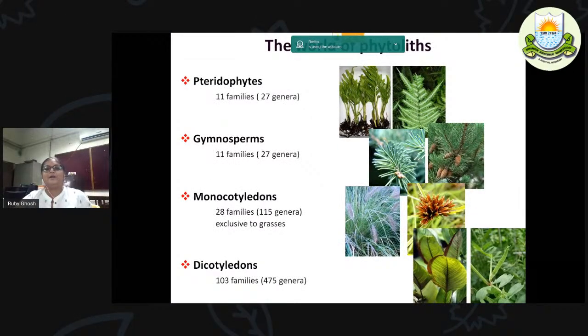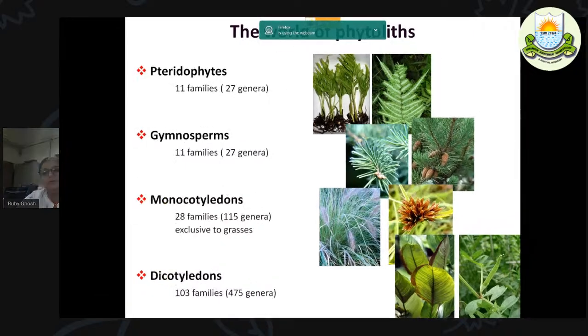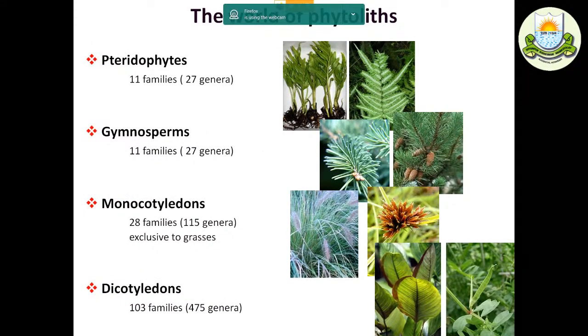Now, where to find these phytoliths? Actually, phytoliths are also found in bryophytes and in algae. That means cryptogams also have phytoliths, but we'll concentrate more on the seed plants or vascular plants like pteridophytes and gymnosperms.